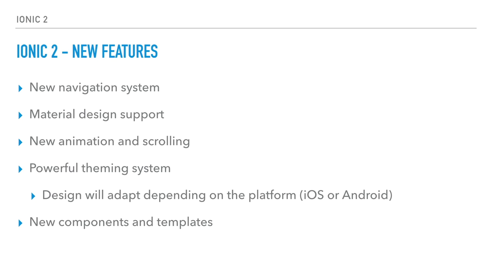It will have a powerful theming system. This is something that is not available in Ionic 1, and depending on your platform, iOS or Android, the code will have a different theme. You code once, deploy to two platforms, and then you have different UX. And you will have new ways to write components and templates.